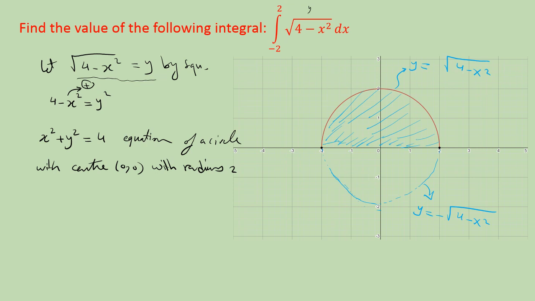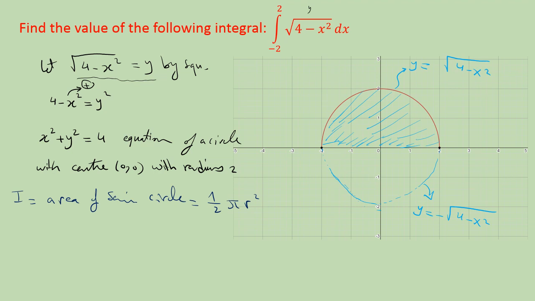Okay, يبقى the value of this integral is equal to the area of the semicircle in the opposite figure, which is equal to half pi r squared.